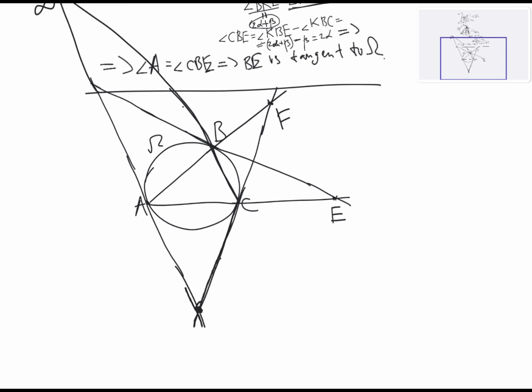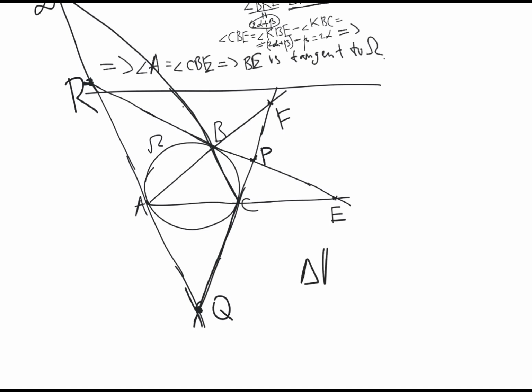Let's denote them by P, Q, and R. So the points D, E, F are the intersection points of the lines containing the corresponding sides of the triangles ABC and PQR.